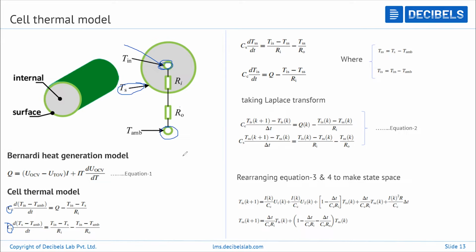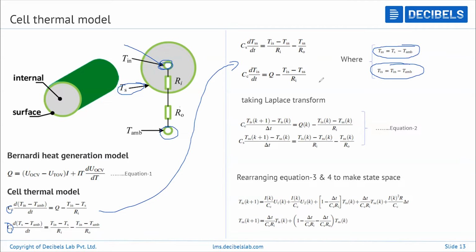Once you have this, we are going to take the equation and rearrange it with the help of these. Ts is equal to Ts minus T ambient and Ti is equal to T internal minus T ambient, right?